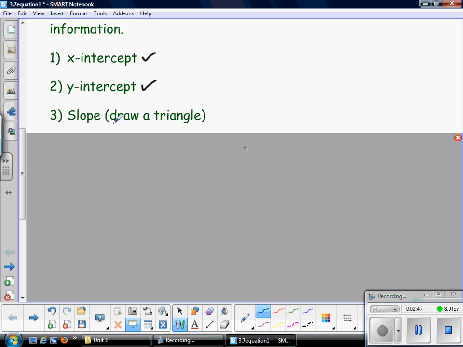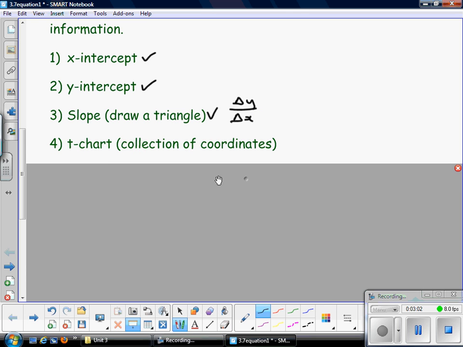You can figure out the slope because you know how to do that by drawing a triangle and doing delta y over delta x. You actually know quite a bit, whether you realize it or not. And you could do a t-chart, which is just a collection of coordinates. We could figure out some points.